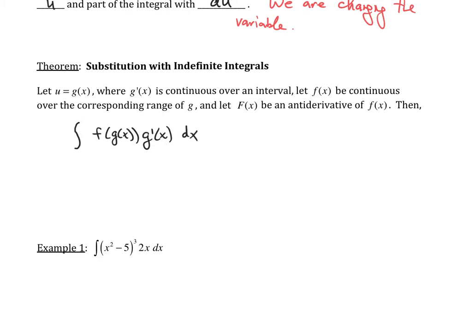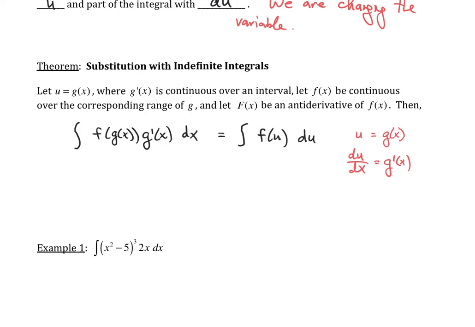Then what we're going to do is change the variable. We're going to integrate f of u du. And the substitution that we're going to make is u equals g of x. Then watch what happens. I can differentiate both sides of this substitution with respect to x, so I have du dx equal to g prime of x.